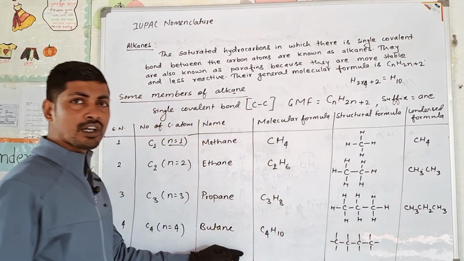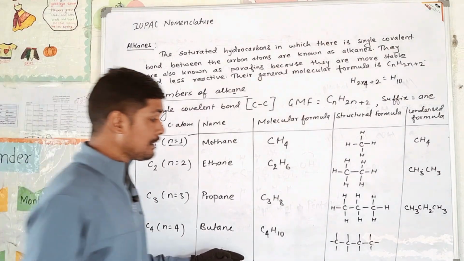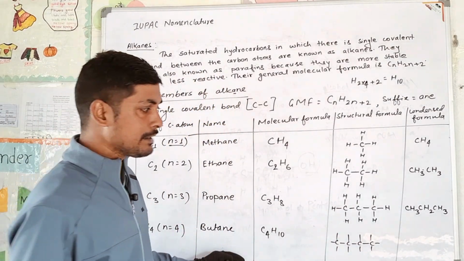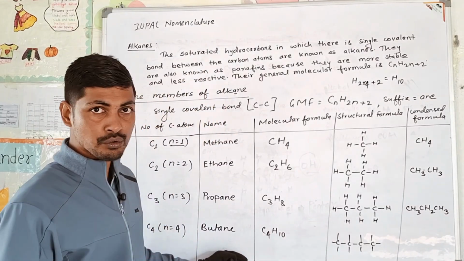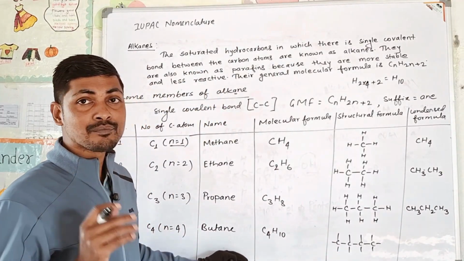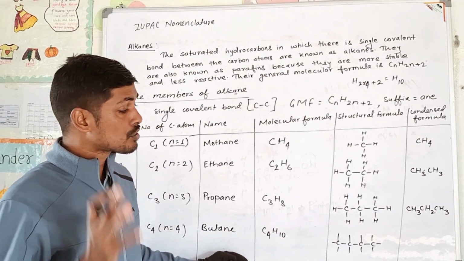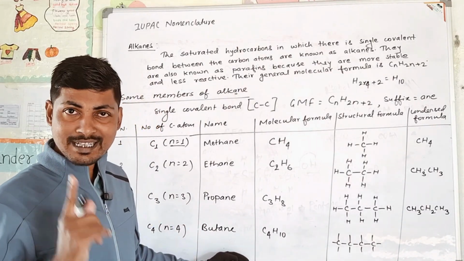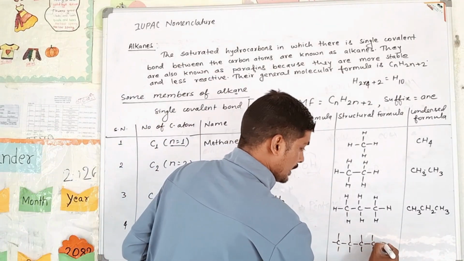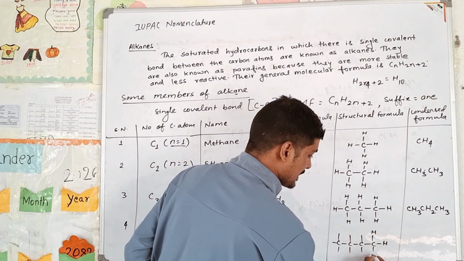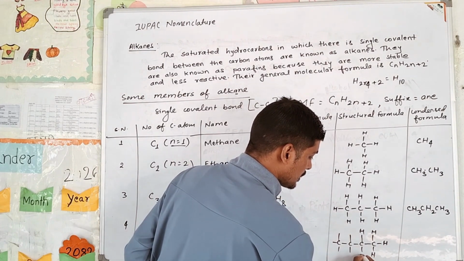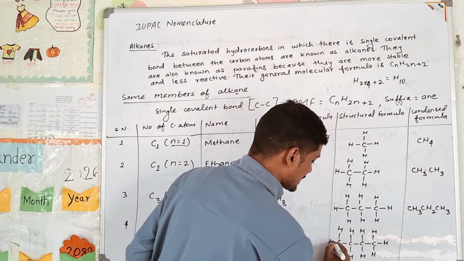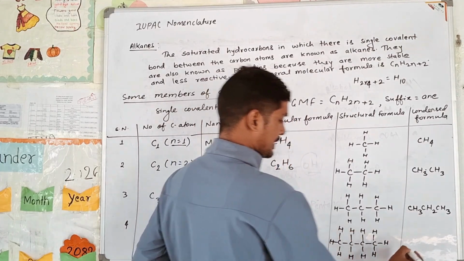Not more than 4, not less than 4. If you make 5 bonds around each carbon, that will be wrong. If you place only 3 or only 2 covalent bonds on a carbon atom, that is also wrong. So remember one thing, there must be 4 covalent bonds around each carbon atom. Now connect hydrogen in each covalent bond to get the complete structure of butane.